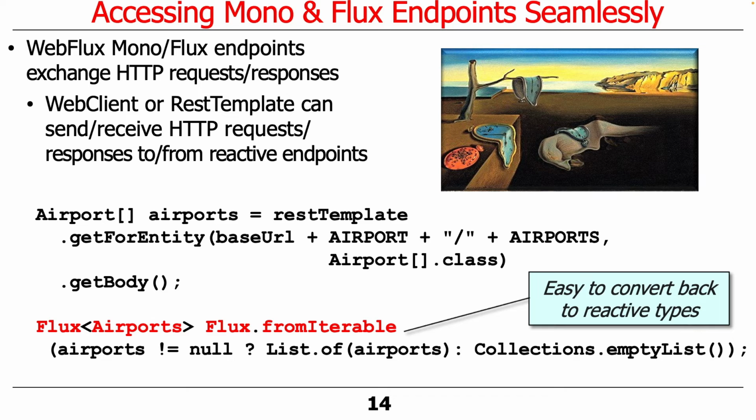This is an array of airport objects, and if we get something back, then we convert that array into a list, and we convert that into a flux, or we just give back an empty collection. So you can convert things back and forth, but be aware that this doesn't really give you any win as far as being asynchronous end-to-end. It just gives you client-side reaction once you get synchronous results back.